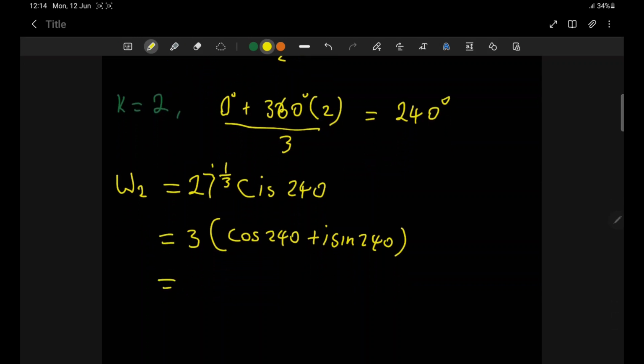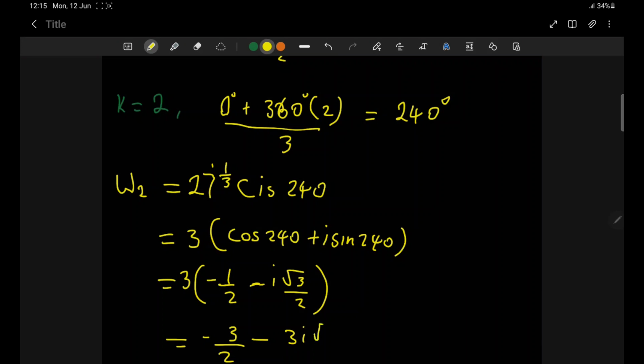Cos 240 is negative 1 over 2, then sine 240 is negative root 3 over 2, so negative i root 3 over 2. Simplifying, we'll have negative 3 over 2 minus 3i square root of 3 over 2.